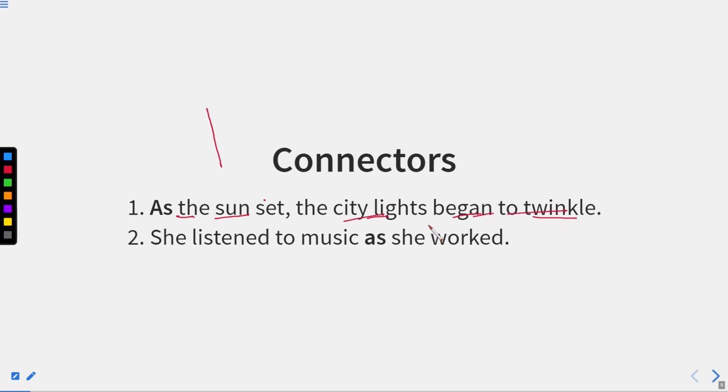So at the same time, or in parallel of this event or this action, the city lights began to twinkle. It means they began to light up. She listened to music as she worked. So she listened to music. It means while she was working, she was listening to music as well. Okay, so both the works are being done parallelly.